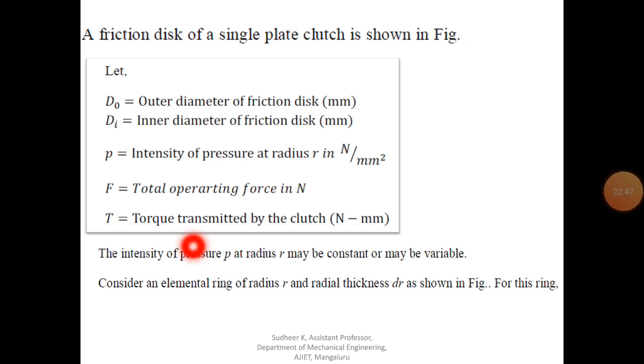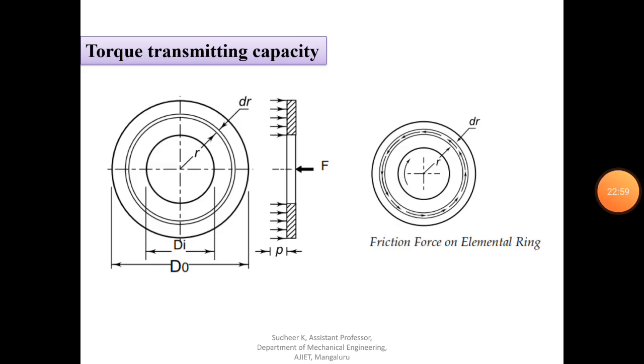Now you have to consider a small elemental ring of radius r having thickness dr, as shown in the figure. You can see here, this is the small ring we have to consider for the derivation purpose.